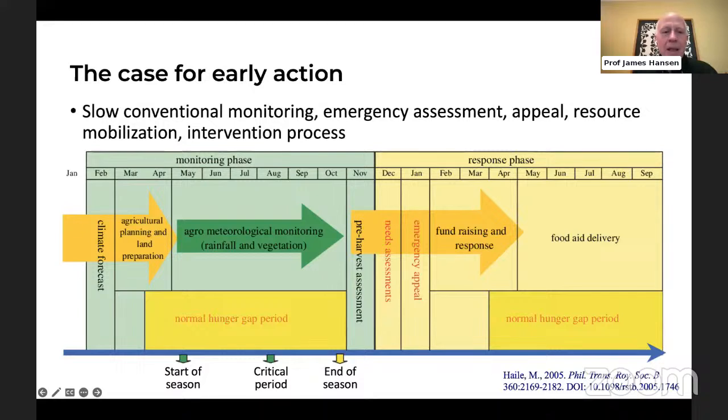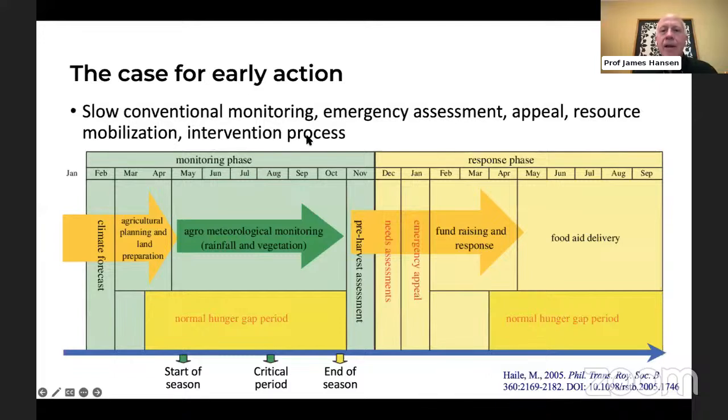If either a harvest assessment around the time of harvest or other evidence of food insecurity, such as increasing prices in the markets, indicated that there was a problem, the previous method that was in place, and is still implemented sometimes, triggers a needs assessment on the ground, then an emergency appeal to various funders, an attempt to mobilize, first of all, financial resources, and then in some cases procure food, either get money that can be transferred to the affected communities or food aid.